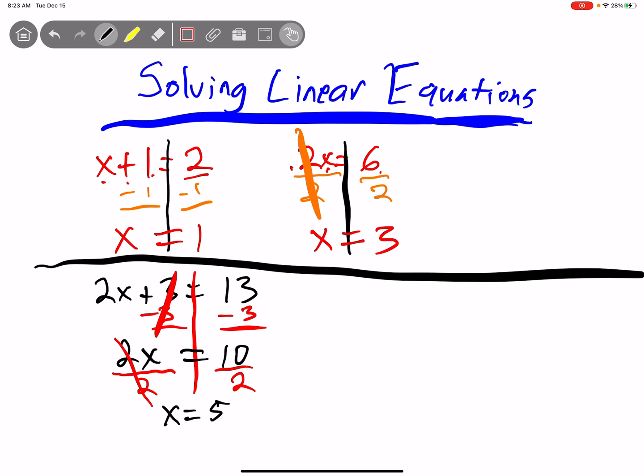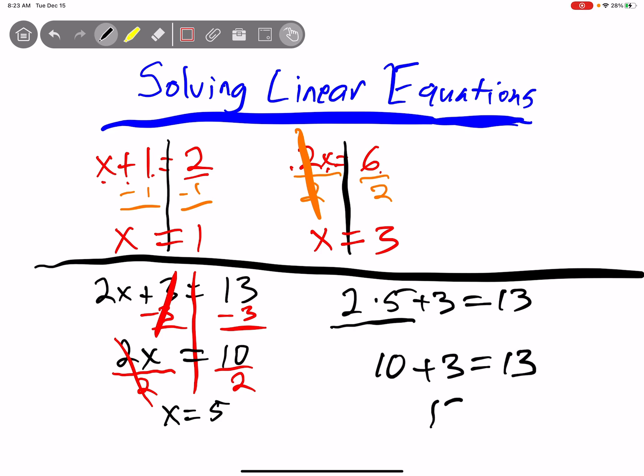And again, I can plug in x equals 5 for x, solve this, and see if my answer matches. So 2 times 5 plus 3 equals 13. Order of operations says to do the multiplication first. 2 times 5 is 10, plus 3 equals 13. 13 equals 13. This checks.